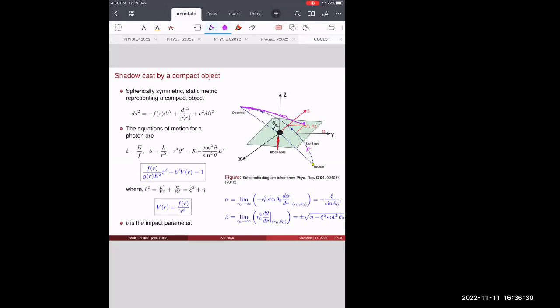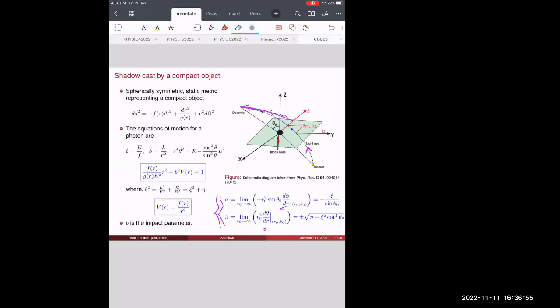This is the actual direction, and this will be the apparent direction. We can find this point in terms of the tangent of the geodesic at the observer location through this expression, where alpha and beta are related to the tangent by these expressions.